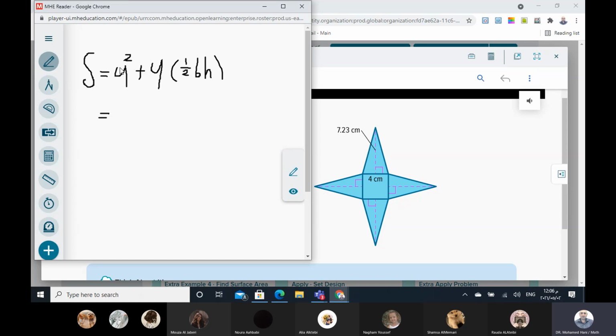So 4 squared means 4 times 4. 4 times 4 will be 16, plus 4 times 1 over 2. 4 times 1 over 2 will be 2. Multiply by the base. The base of the triangle will be 4. Multiply by the height. The height will be 7.23.